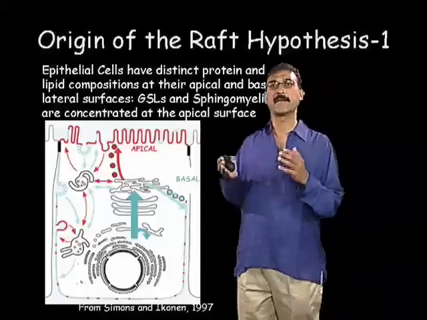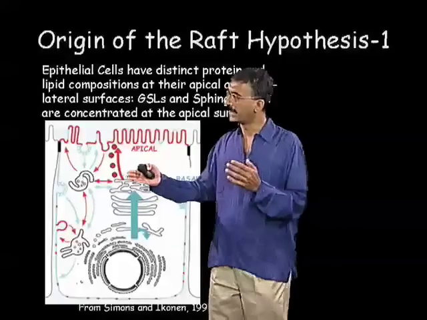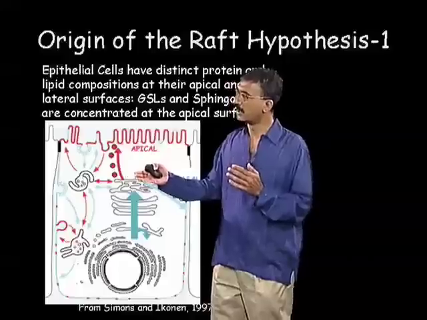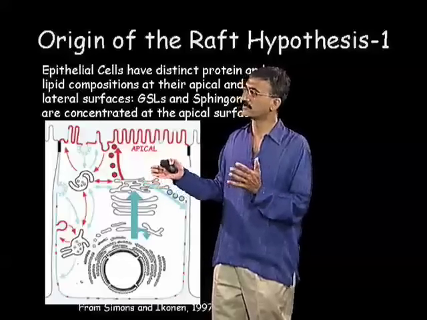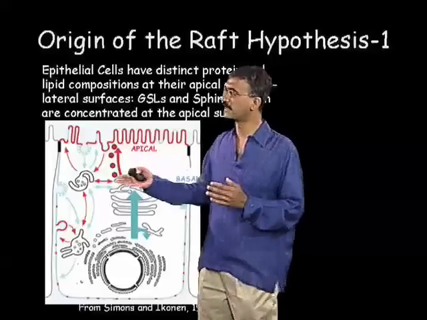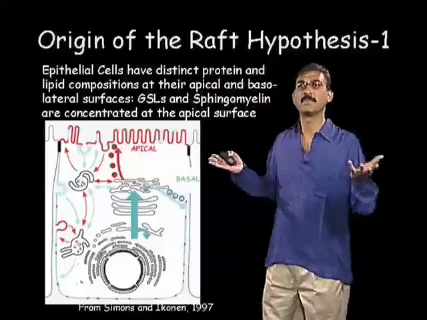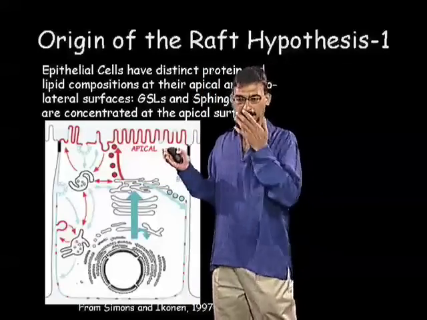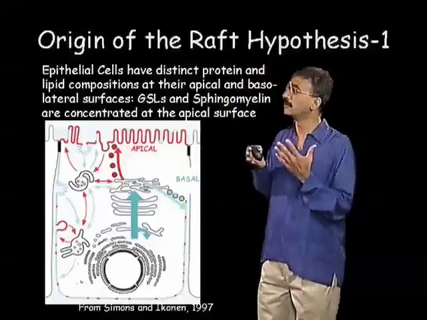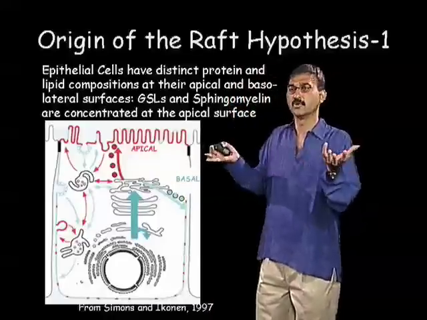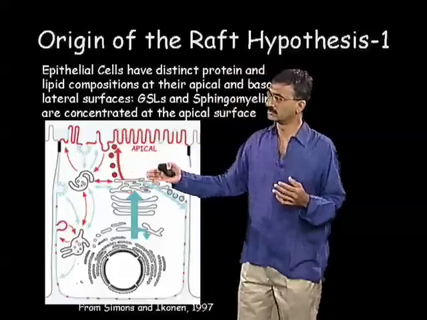But that means that one needs a mechanism of generating a lipid composition from internal sources, where molecules of different stripes can be delivered preferentially to one surface versus the other. And that's only possible, Kai Simons and Gerrit van Meer at that time argued, when you can segregate these components during the membrane trafficking process from the Golgi to the cell surface.